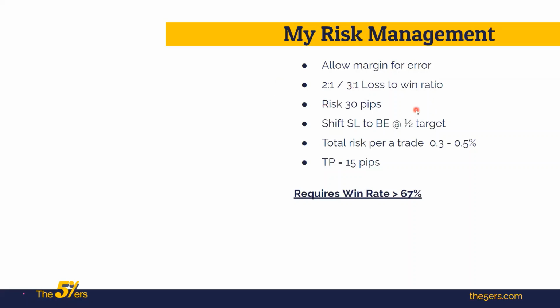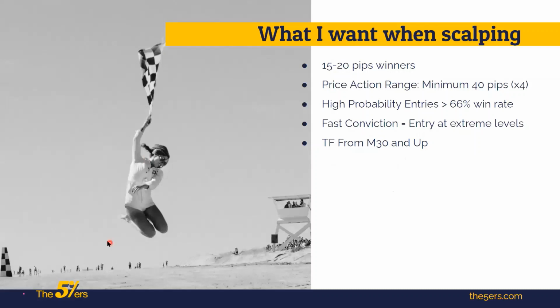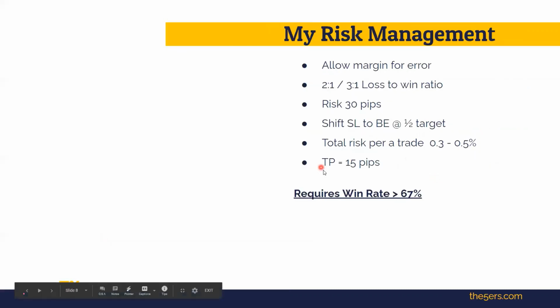In my trading plan, I usually take 15 to 30 pips risk, and we should have some sort of a stop loss to break even strategy. Everyone can choose their own where to become risk-free on your trade, and I take a definite profit at 15 pips.